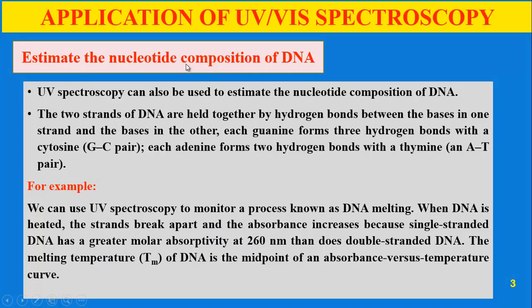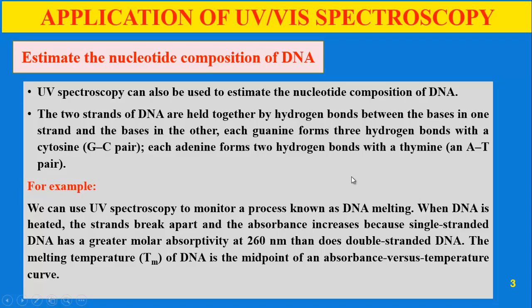UV visible spectroscopy helps us to determine the nucleotide composition of the DNA. As you know, DNA is double stranded. The double strand is due to the bases guanine combined with cytosine forming 3 hydrogen bonds, and adenine combined with thymine by formation of 2 hydrogen bonds.